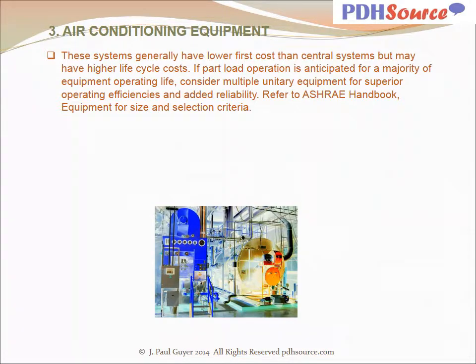These systems generally have lower first costs than central systems but may have higher life cycle costs. If part load operation is anticipated for a majority of equipment operating life, consider multiple unitary equipment for superior operating efficiencies and improved reliability. Refer to the ASHRAE Handbook Equipment for size and selection criteria.